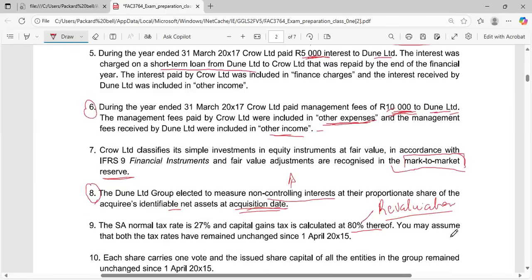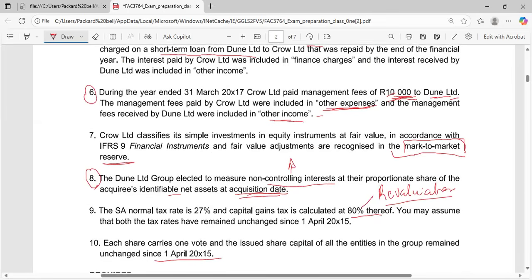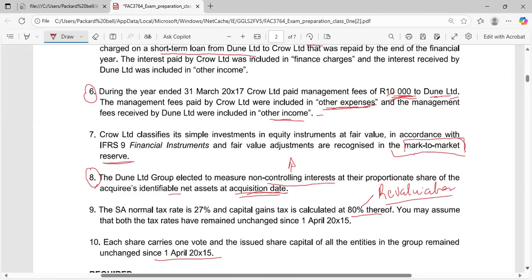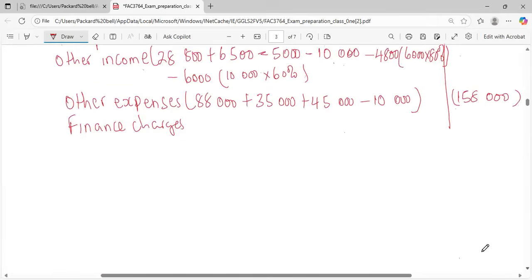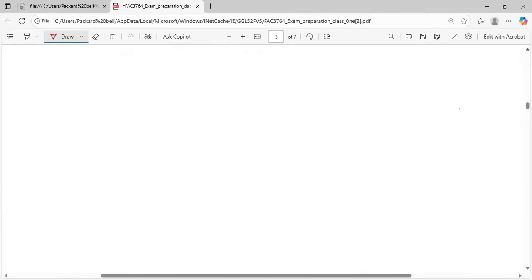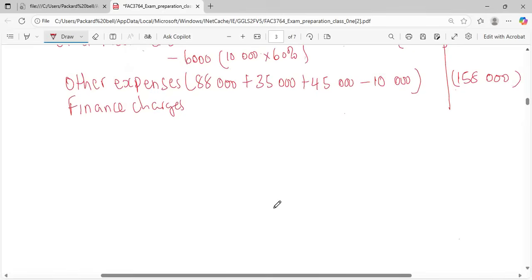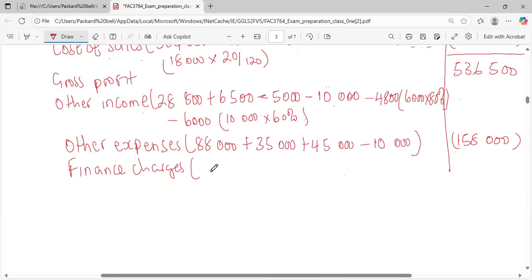The intra-group transaction, this one, must be eliminated from finance charges. So in our finance charges, we are going to say 5,000, that's from the trial balance, minus the intra-group transaction, which needs to be eliminated. So finance charges are going to be nil.